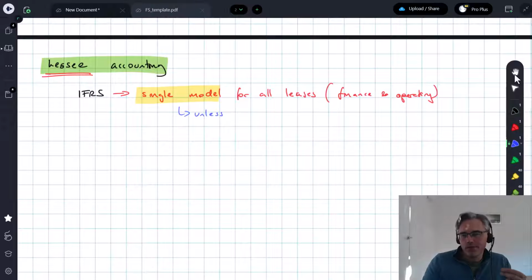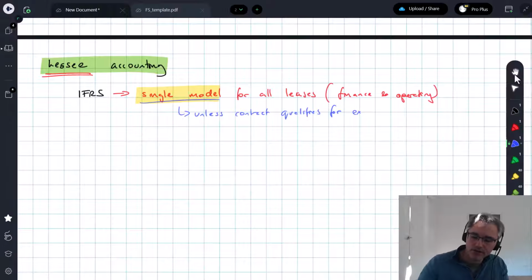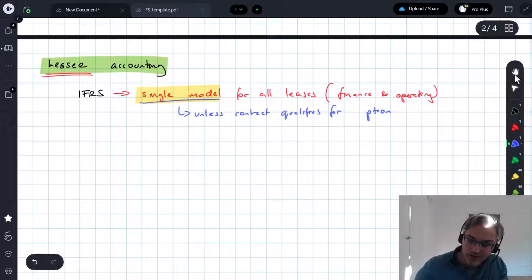Well, the exception comes in two ways, but unless the contract qualifies for an exception from the application of this single model, and that exception, I wanted to say and write exemption, to be honest, and I wrote exception.